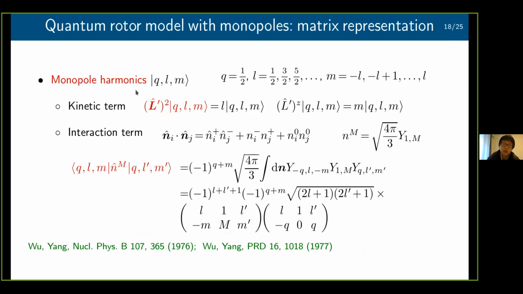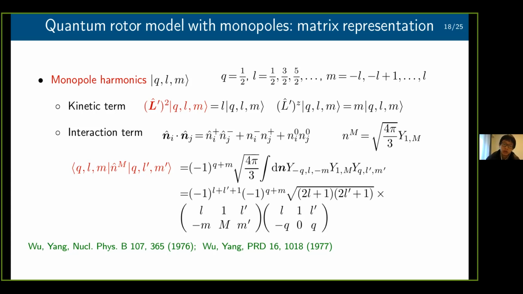We will follow a similar way as we treat the nonlinear sigma model with no theta term. The kinetic term will become diagonal under this basis, and the interaction term can be decomposed as the sum of different spherical tensor operators.